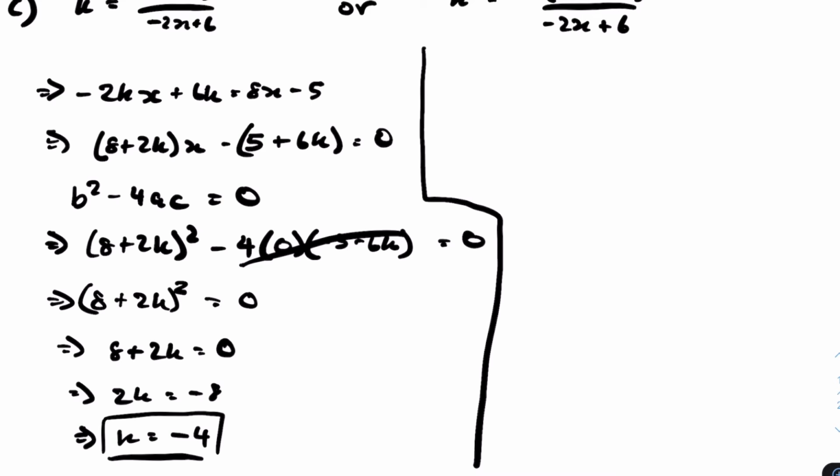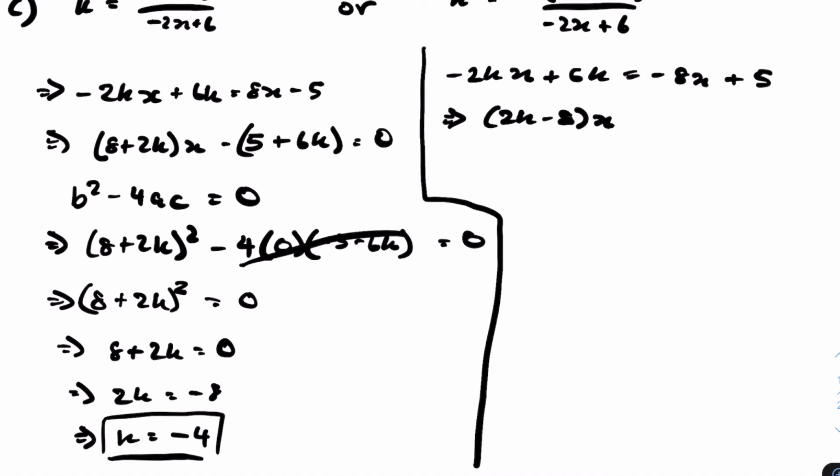So if we multiply the denominator, we get negative 2kx plus 6k is equal to negative 8x plus 5, which means that if we collect like terms, we get (2k minus 8)x plus 5 minus 6k is equal to 0.